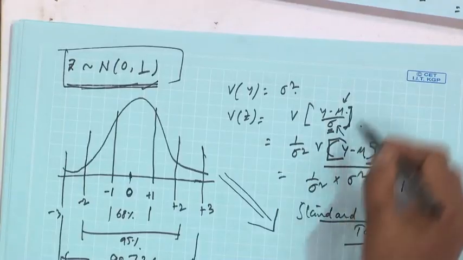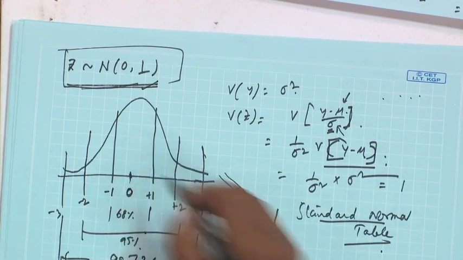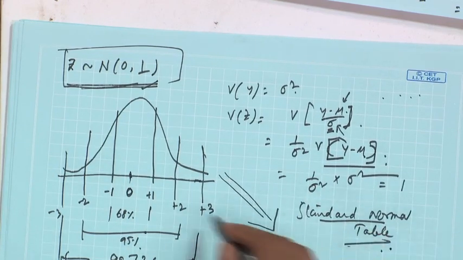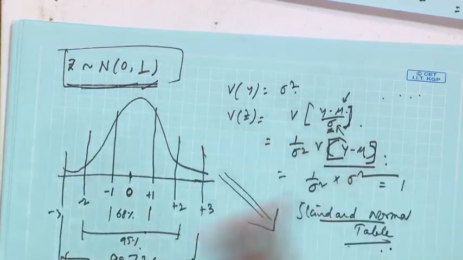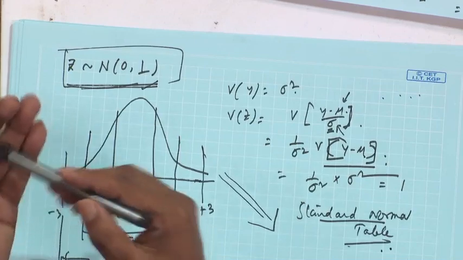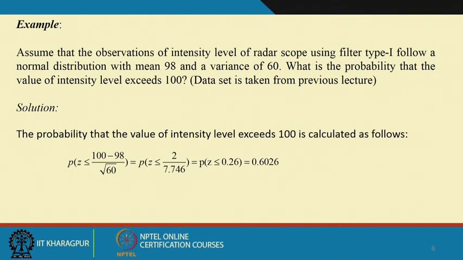Billions, an infinite number of tables. But here, because of standardization, only one table is required, because every normal variable can be converted to standard normal. Then, using the standard normal table, you will be able to know the probability of happening, not happening, or happening less than or greater than a value. Okay. Fine.